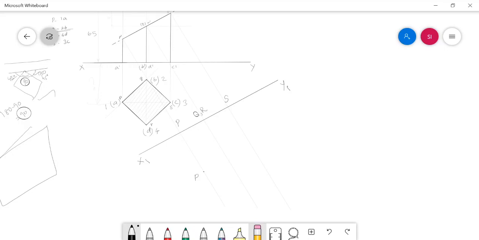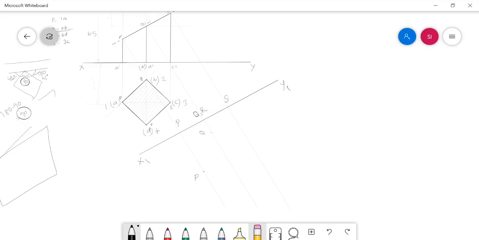The point Q is below xy by that much distance, so the same distance below x1 y1, you have to mark the point Q. Similarly, measure the distance between the point R and xy.